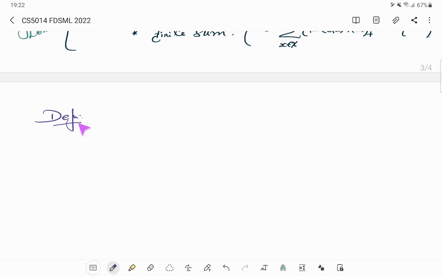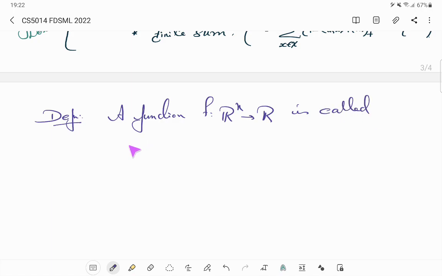So the definition: a function from R^n to R is called convex if for all x1, x2 in R^n, we need that above condition to be satisfied.